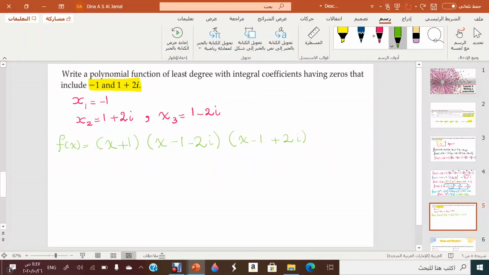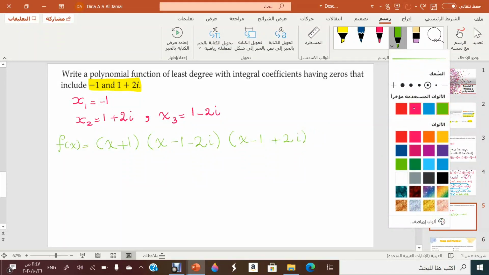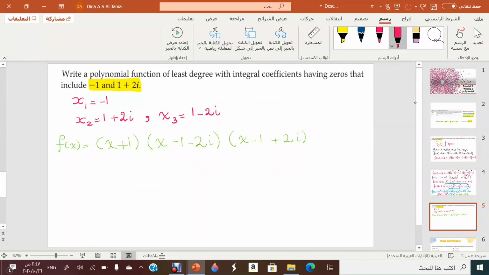If you did not get this step, please refer to the previous slide in the video and you will find the step by step. Now let's simplify together. I will be taking all of this together and all of this. Then directly in one step, I will be taking x minus 1 all squared minus 2i all squared.